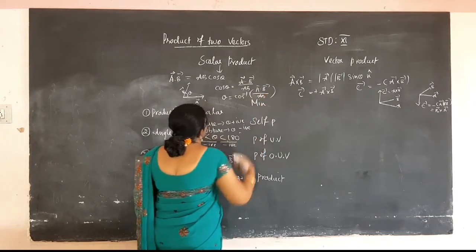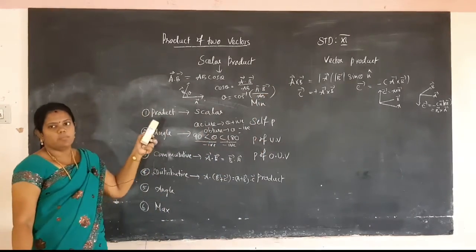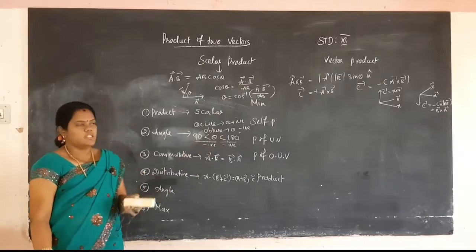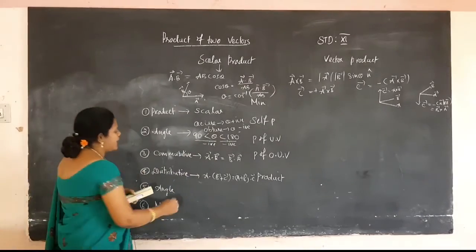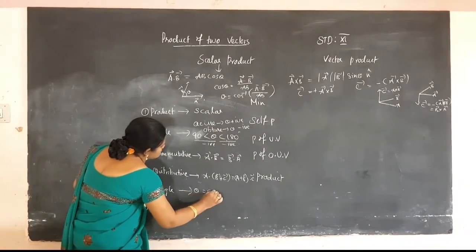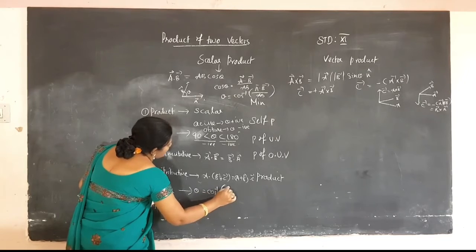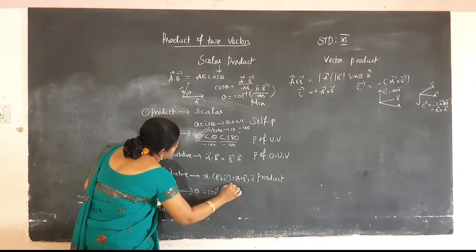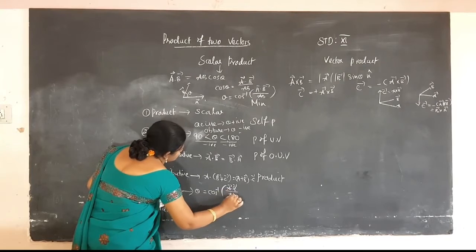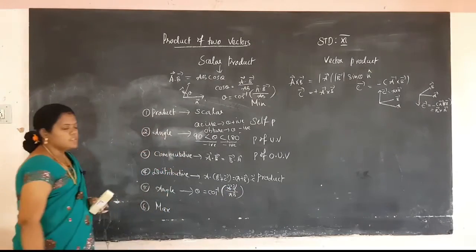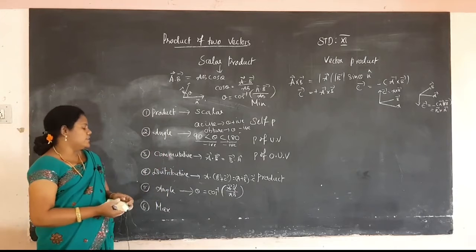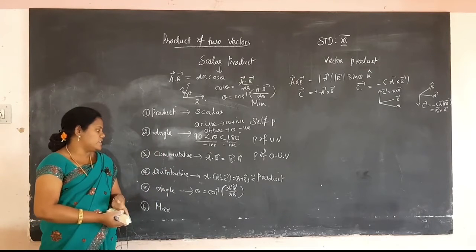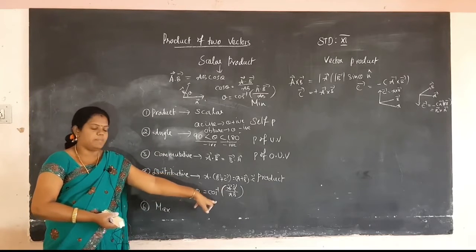So the angle formula in the scalar product of two vectors is theta equal to cos inverse of A dot B by AB.